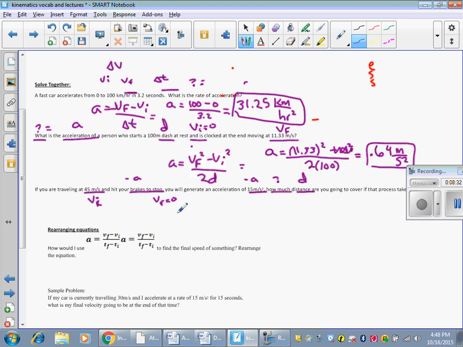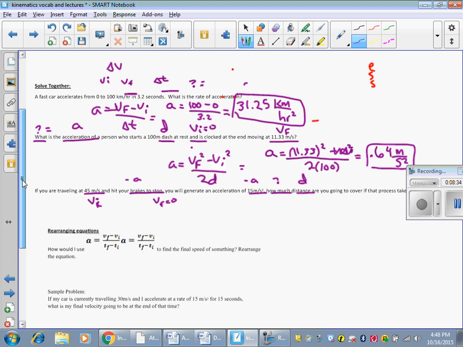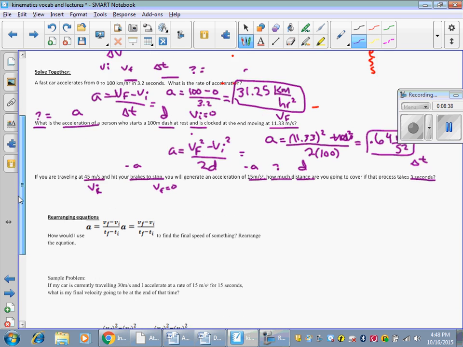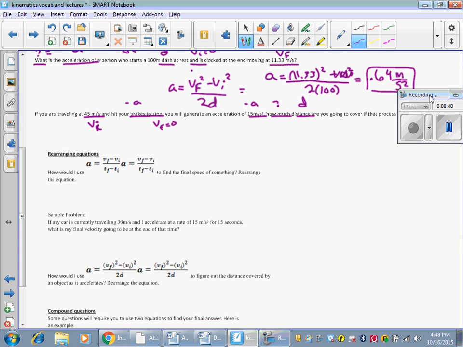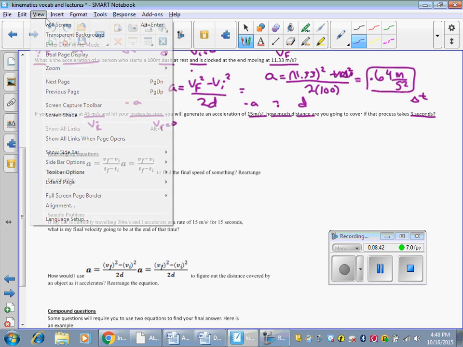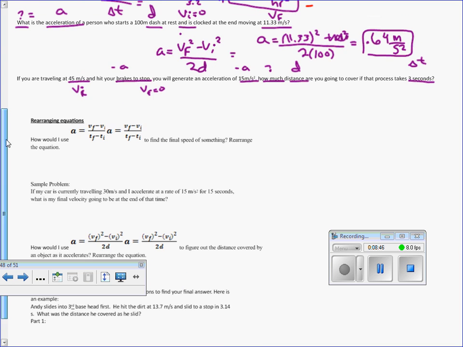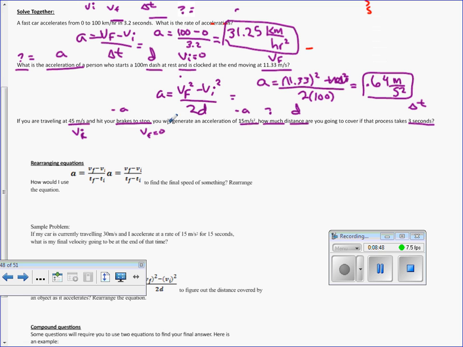Cool. Okay, let's do the last one on here. Let's do one more. Let me go full screen. All right, you're traveling at 45 meters per second. Hit your brakes to a stop.